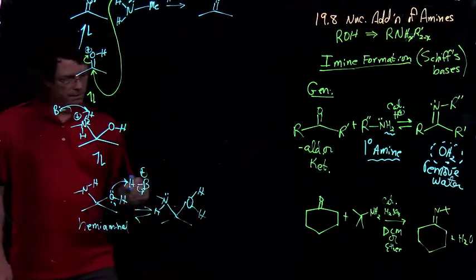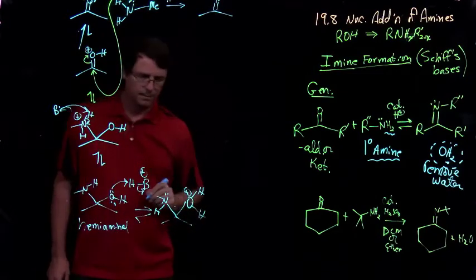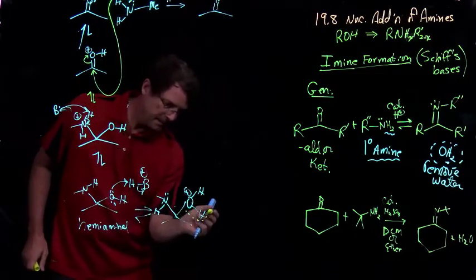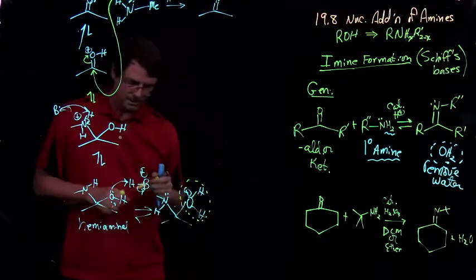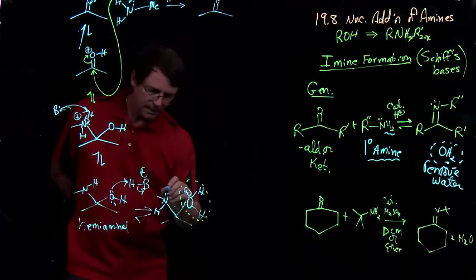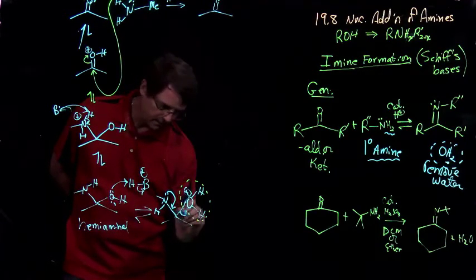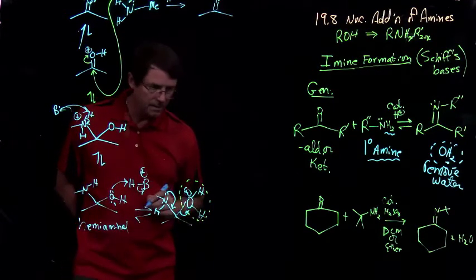All right, so we now have our protonated hemiaminal, and again we see there's a good leaving group. That's that water molecule, and we have an internal nucleophilic displacement of our leaving group. That's the way we can think about that.